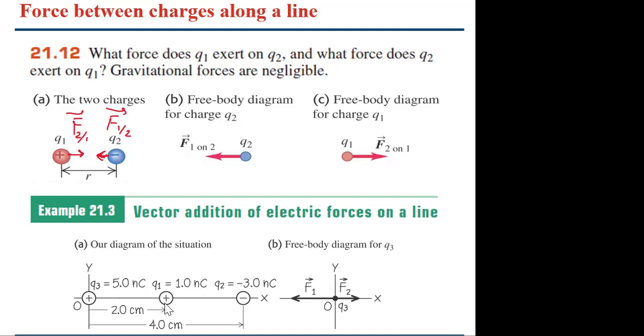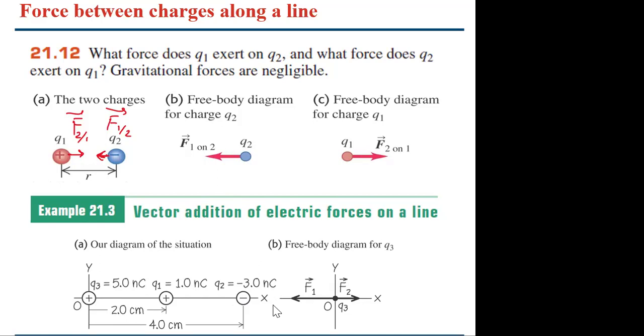Q1 is located at a distance of 2 centimeters in the positive x direction, and its charge is 1 nanocoulomb. Q2 is minus 3 nanocoulomb, and it's located 4 centimeters from Q3 in the positive direction.